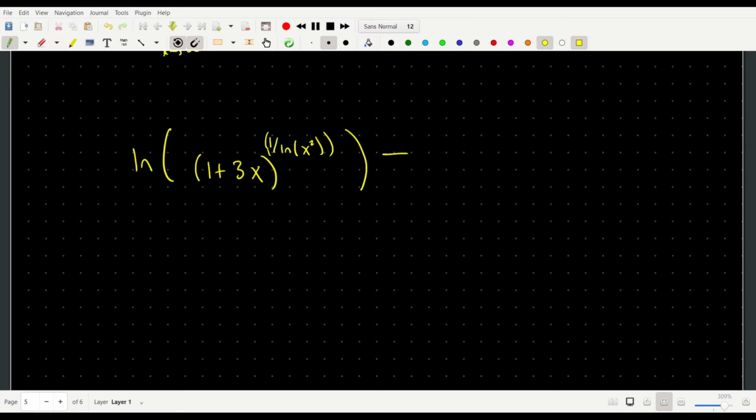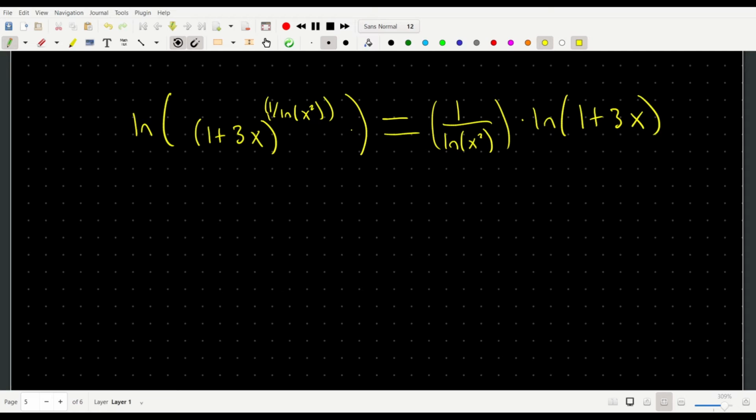This is the exponent, which is 1 over the natural log of x squared, times the natural log of 1 plus 3x. And we can also simplify the natural log of x squared using our logarithm base simplification. So this is going to be the same thing as the natural log of 1 plus 3x over 2 times the natural log of x.